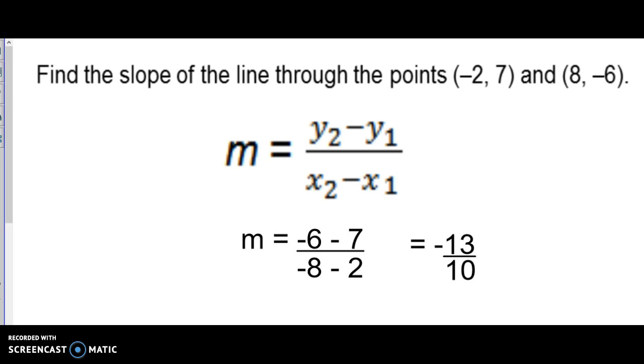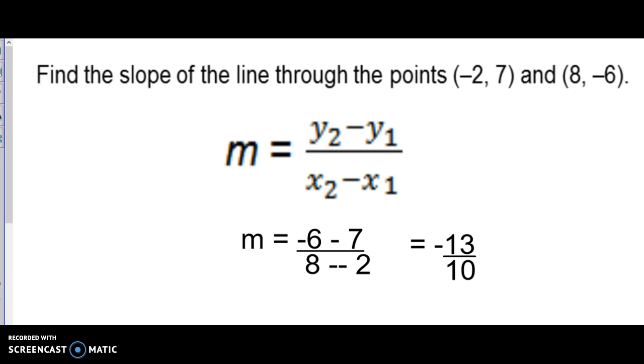Now you can see here I've written the numbers in the opposite order. Here I started with the second point, -6 minus 7 over 8 minus 2. Sorry, I just fixed the denominator there. 8 minus 2.